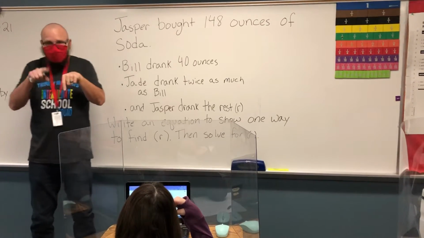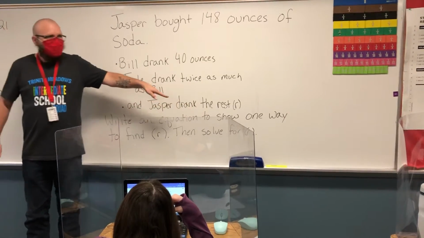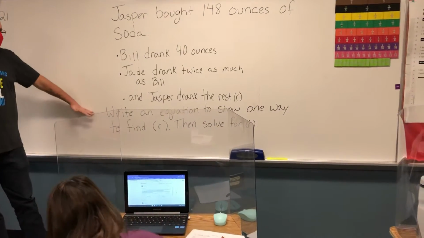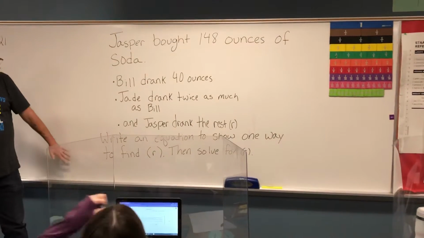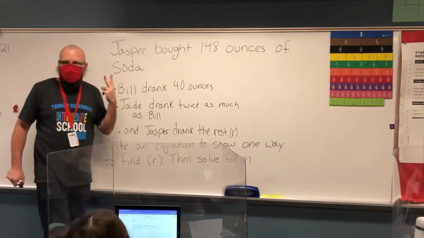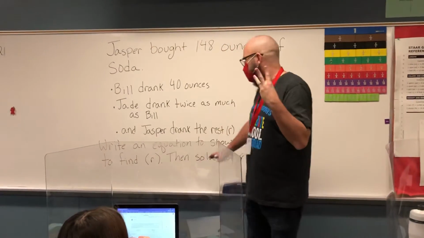Y'all remember that? Just because it's a letter, it's not any more difficult. So we have to write an equation to show one way to find R, then solve for R. Two things. Write an equation, and then figure out how much Jasper actually drank.